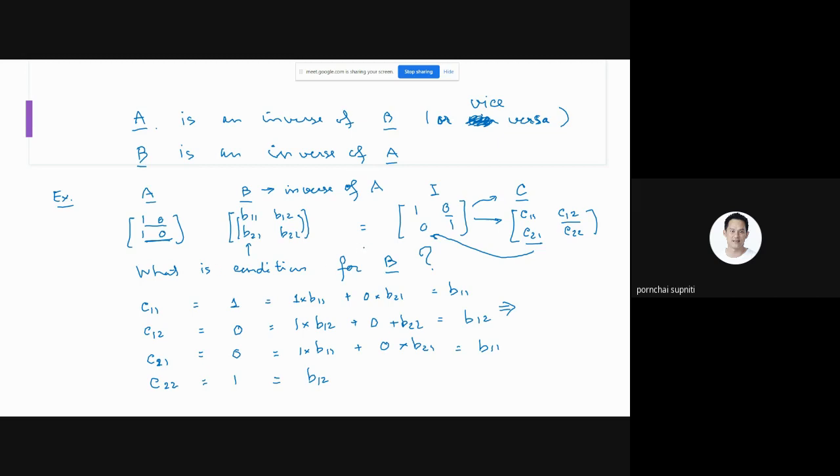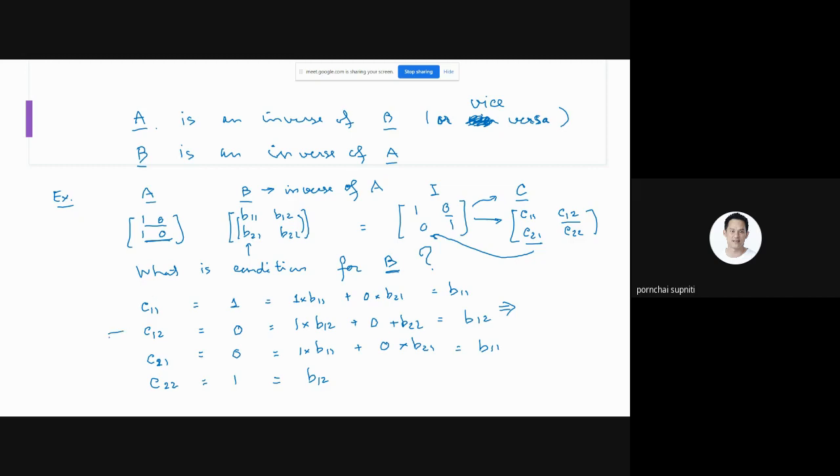What can matrix B be? Are there infinite possibilities for B, or is there only one value for B? B means the B matrix that you can generate, right?